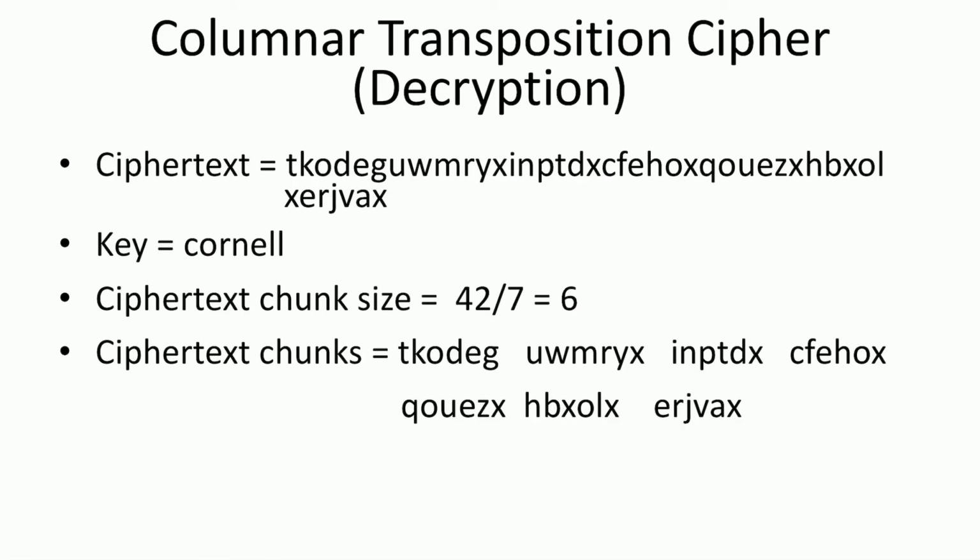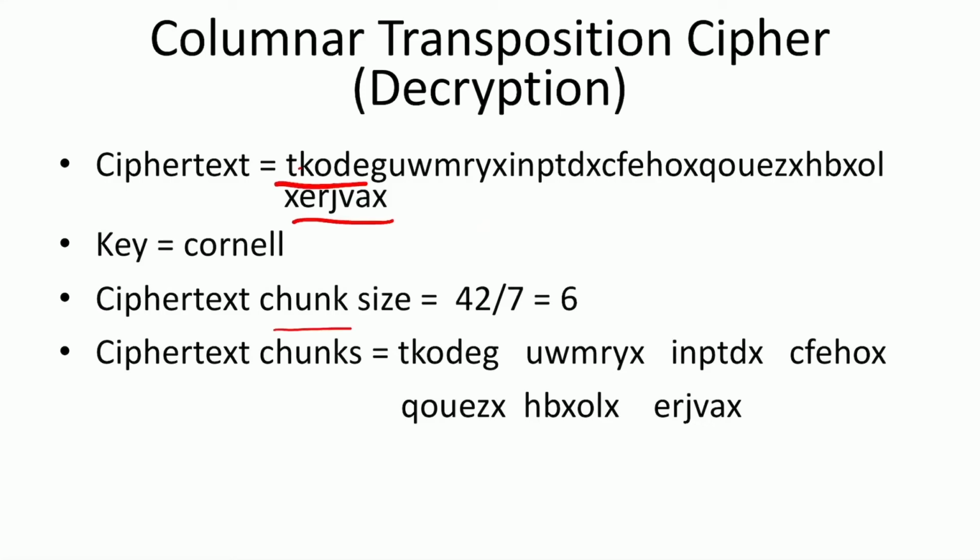So we have an example of ciphertext here. The key is again Cornell. So we have this ciphertext block, and we need to find out how to divide it into columns. We don't really know the column height at this point.